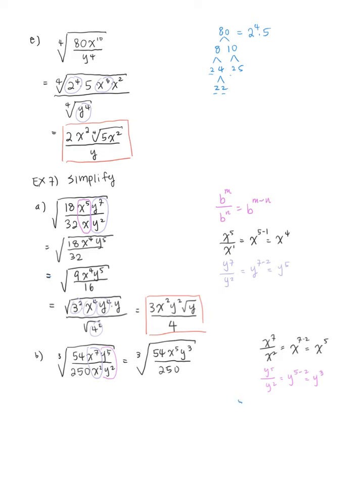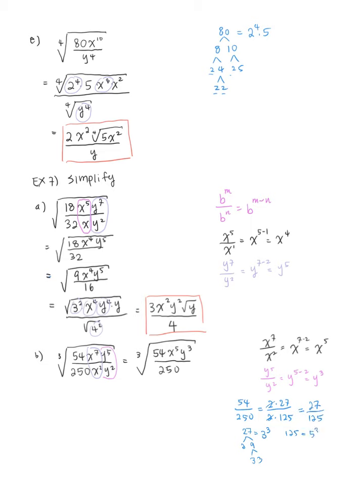Now let's deal with 54 over 250. Well, I can see that 2 is going to go in, so 54 is 2 times 27, and then 250 is 2 times 125. So I can cancel out the 2's, so it looks like we're going to have 27 over 125. Okay, so now let's go with the 27. Now I'm going to break down 27. 3 times 9, and then 3 and a 3, so 27 is 3 to the 3rd, and 125 is 5 to the 3rd.